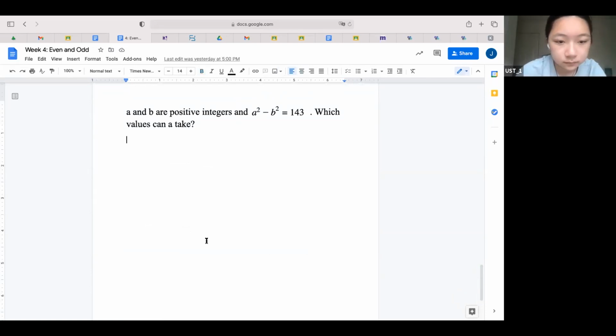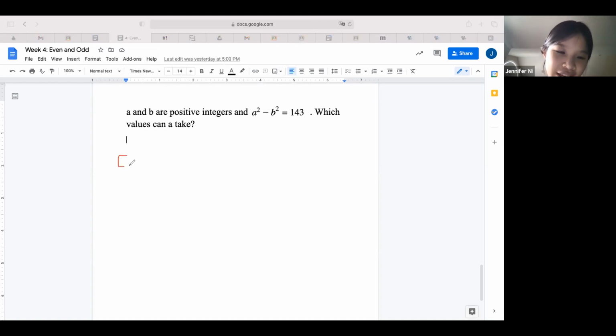So we're given from last week's homework that a and b are positive integers and a squared minus b squared equals 143. And we're asked to find which values a can take. Well, as it was said from last week, a squared minus b squared can be equal to a plus b times a minus b.